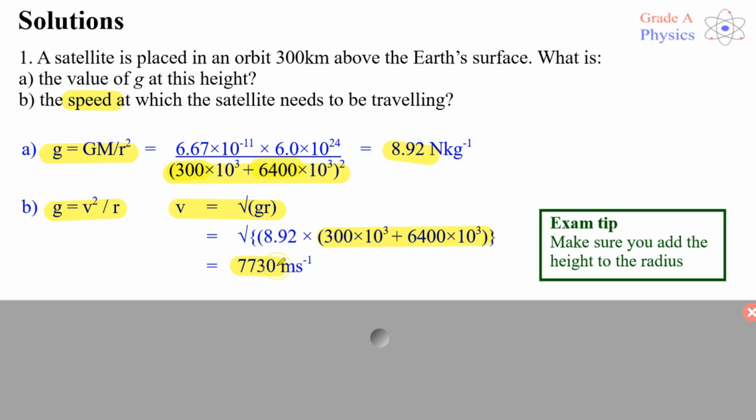Whilst obviously these values vary a lot, very often, especially in low Earth orbit, we're looking at very large velocities. So 6,000, 7,000, 8,000 meters per second, so kilometers per second. So expect to get a big value. If you got 50 or 100 or 350, then you should be thinking that's way too small. So expect a large value there.